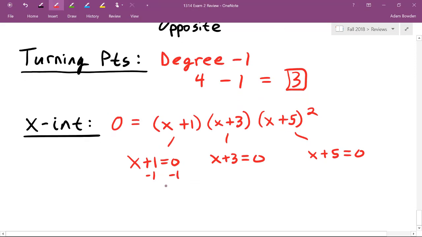This one, we subtract the 1, we have x equals minus 1. Here we subtract the 3, x equals minus 3. Subtract the 5, x equals negative 5.